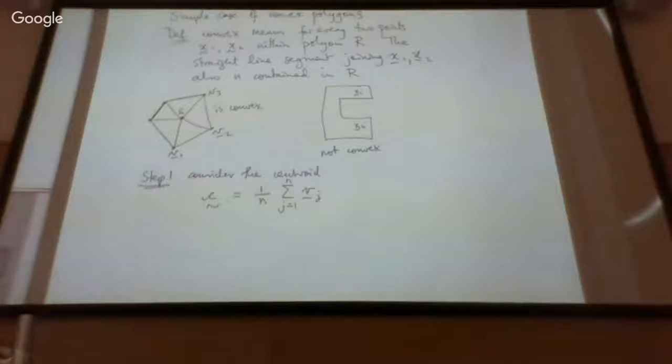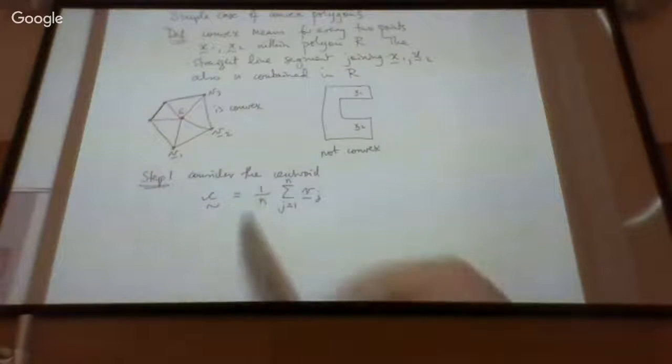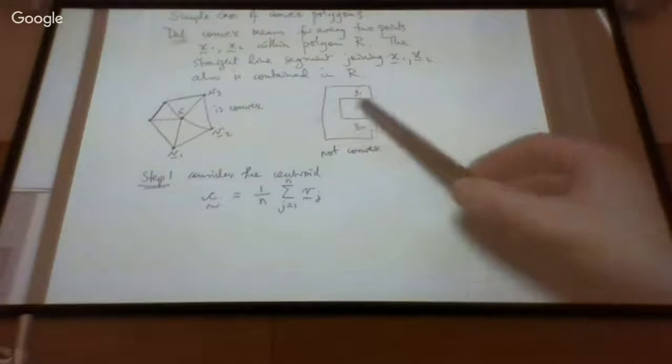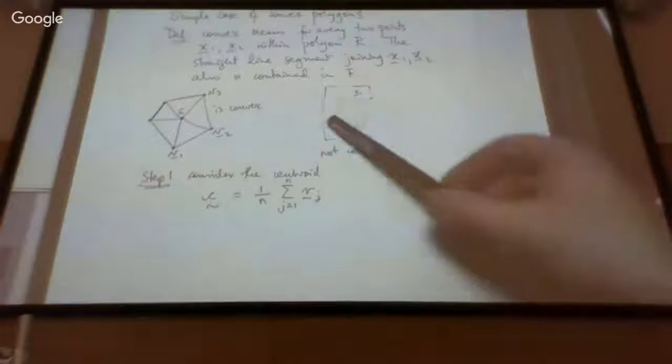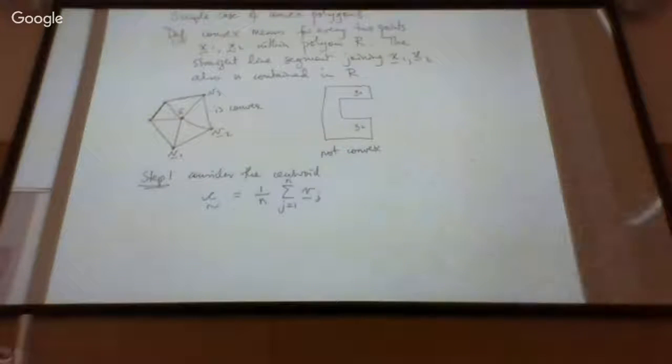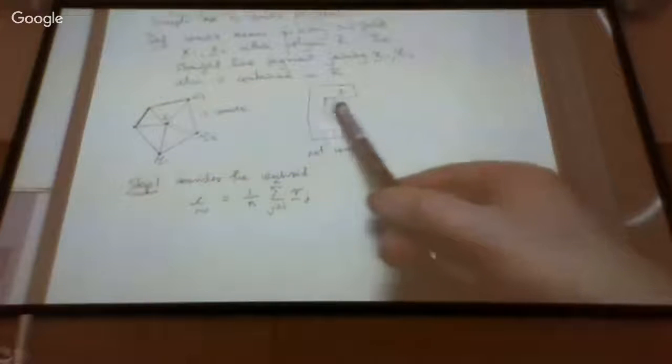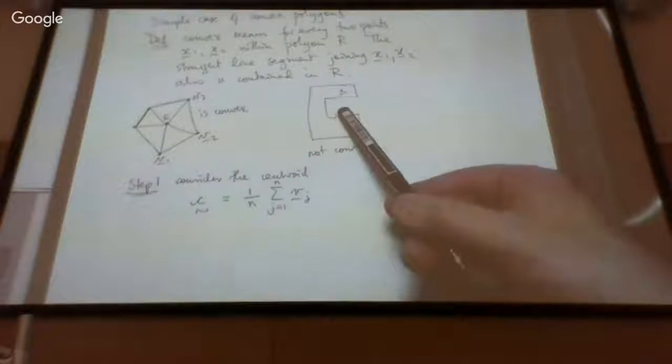That will be the centroid of the polygon. It's kind of the center of mass of the polygon. Now this only works for convex regions because the centroid of these vertices here mightn't even be inside the region. It might be outside of the region. It might fall in this bit of the outside here.